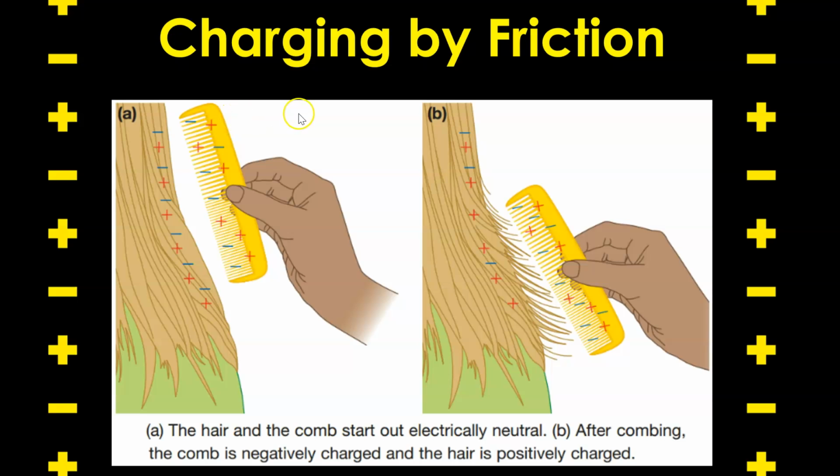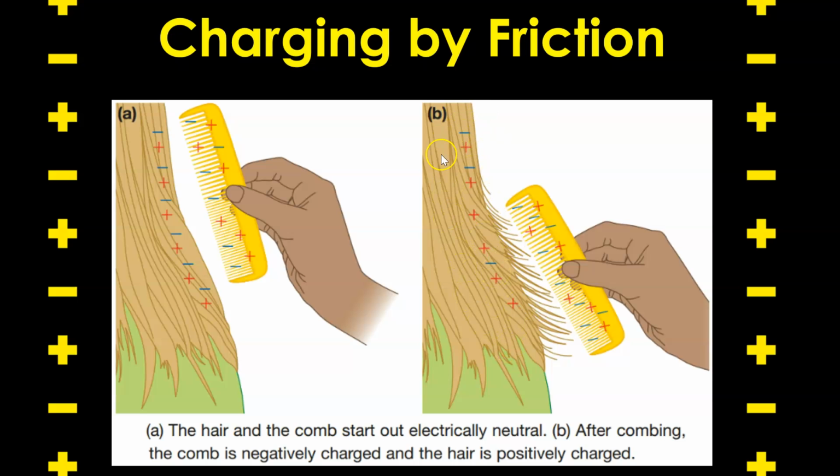Okay, so when you look at the second diagram on the right, you will see that as the comb has been pulled through the hair, there's friction. The two materials are being rubbed against each other. The hair is left with more positive charges compared to negative charges: 6 positive compared with 3 negative charges.